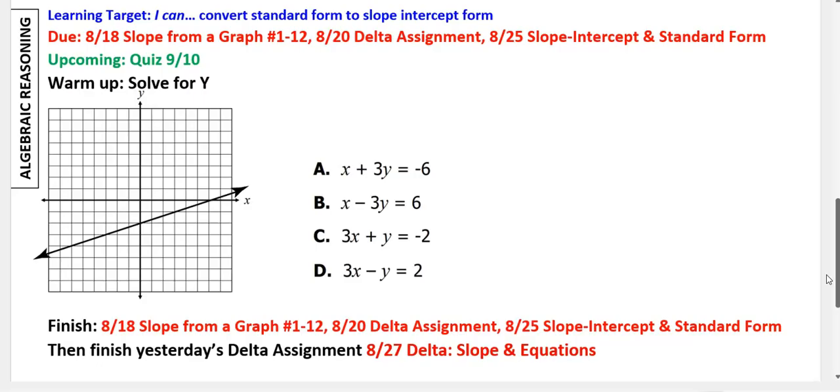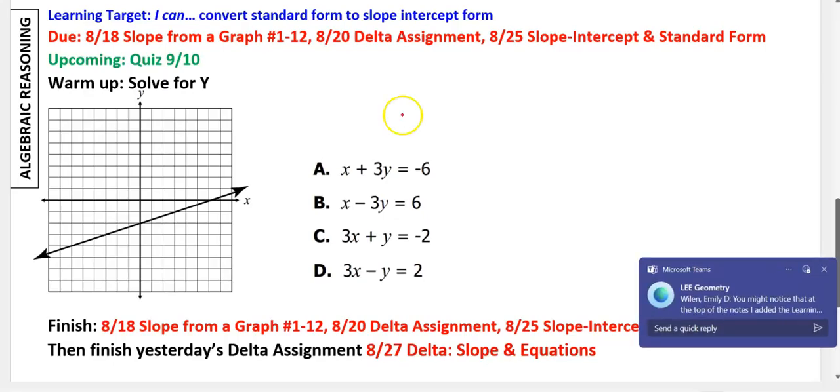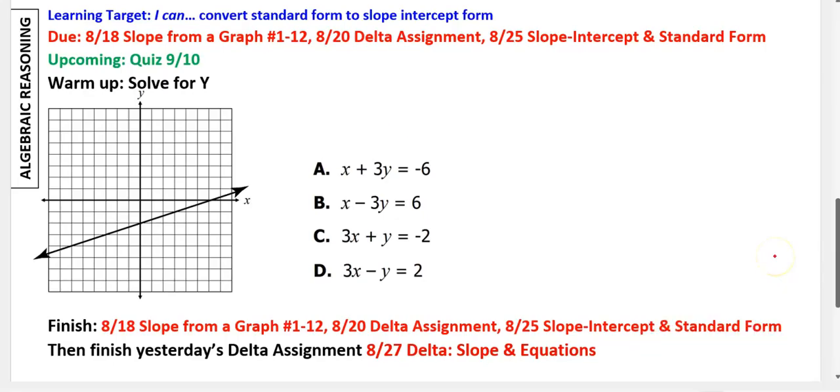So let's take letter A. I'm going to rewrite it over here. x plus 3y equals -6. Is this y equals? No. Can I put it in y equals? Yes. So, first step, to get y by itself, I have to move the positive x.